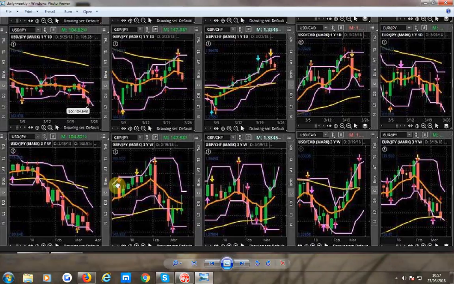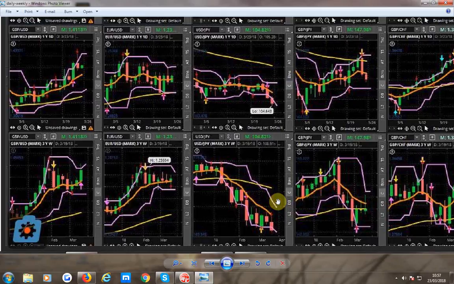Just one other thing while I'm on. To say that the orange line and the other lines are important is an understatement. Let's look here on the GU. You can see on the weekly, look, it's touched the orange line, massive uptrend at that point, and it's just shot up.